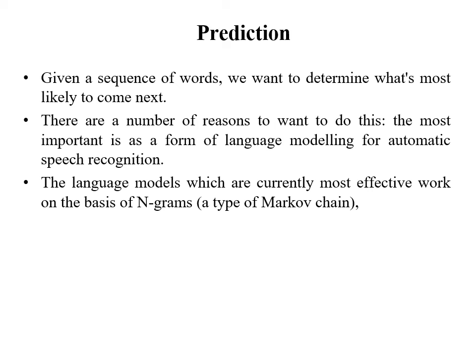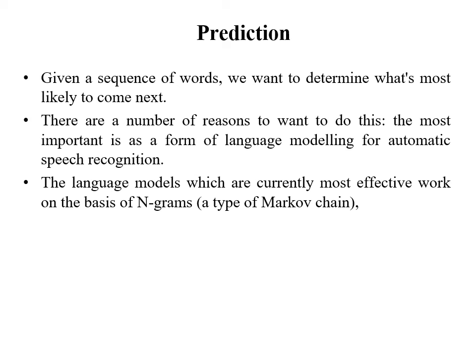So this is another thing: prediction. We can also apply it in natural language processing for the prediction of the next word on the basis of the current words. Given a sequence of words, if we want to determine what is most likely to come next, this is called prediction.